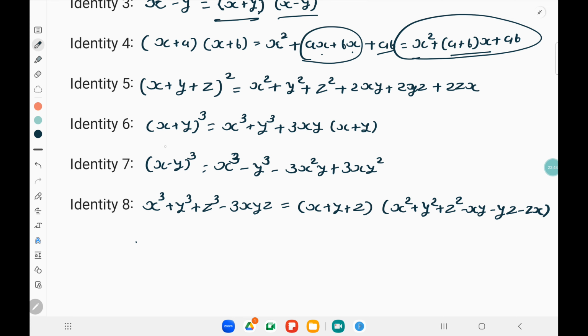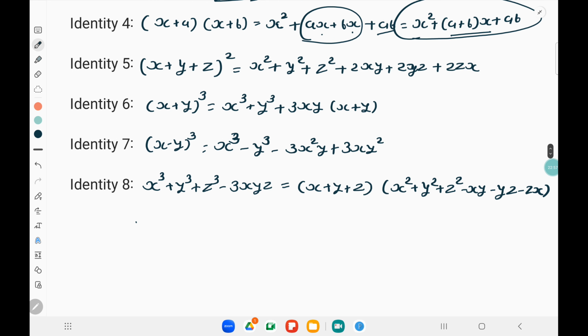Identity number 6, x plus y whole cube, equal to x cube plus y cube plus 3xy in a bracket x plus y. Okay, and identity number 7, x minus y whole cube. Here only the sign is different, x cube minus y cube minus 3x square y plus 3xy square. These things, I just expand this bracket.